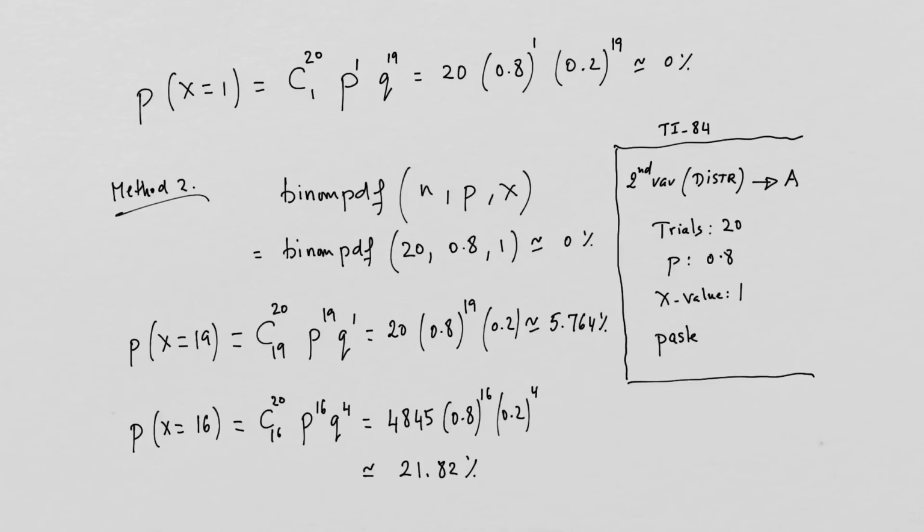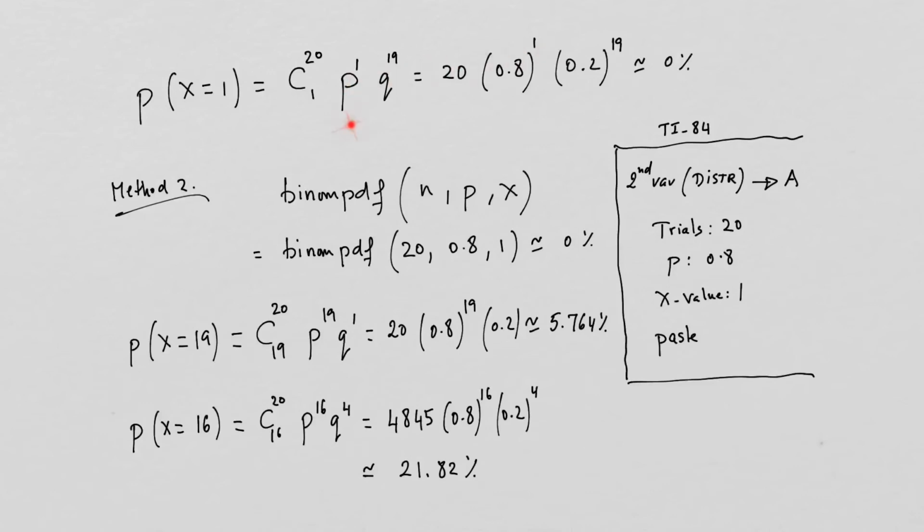Now, why do I write this number? 1 success, 19 failures. Why on earth am I writing these numbers here? Well, you have 1 success and 19 failures, but in how many ways could that happen? You could have 1 success followed by 19 failures.